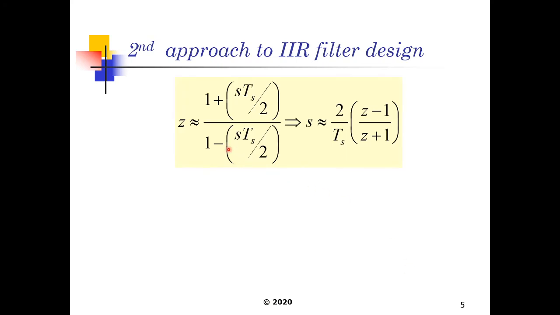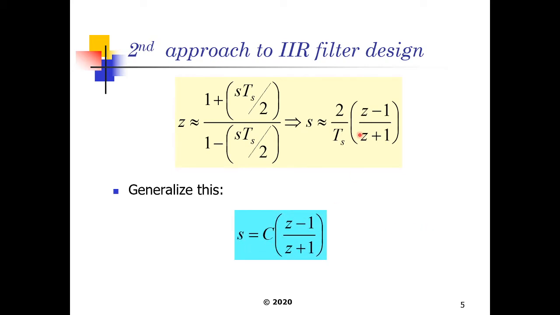Because this is approximately equal to z, we can make the approximation that s is approximately equal to 2 divided by T_s, all multiplied by z minus 1 divided by z plus 1. Generalizing, this means that s is equal to c times this term here, where c maps to 2 divided by T_s. This form for mapping the s transform to the z transform using the Maclaurin expansion is referred to as the bilinear transform.